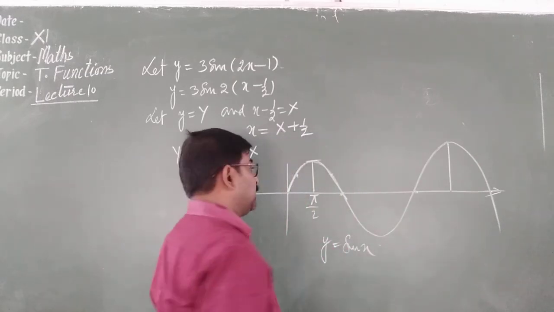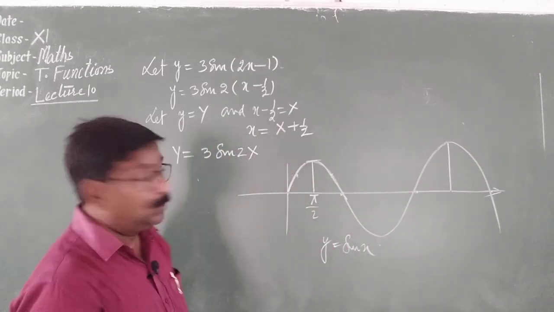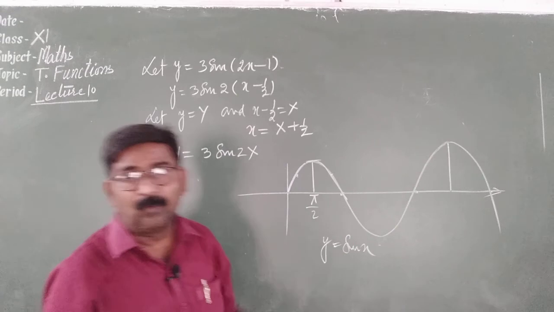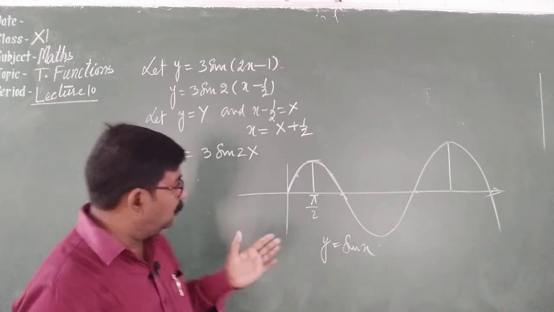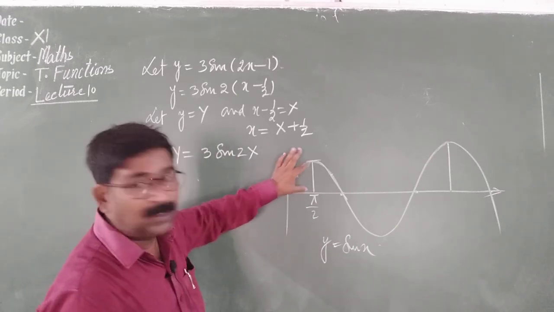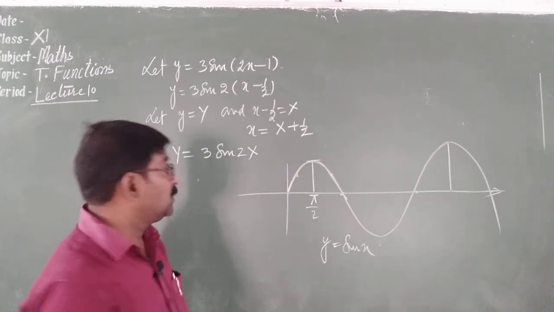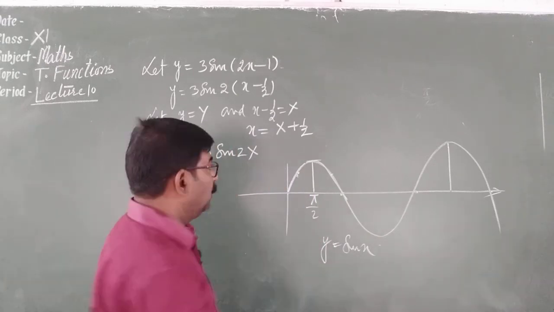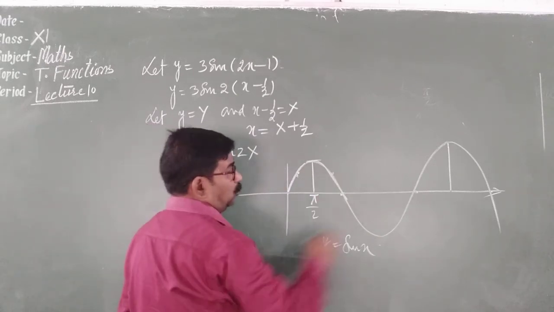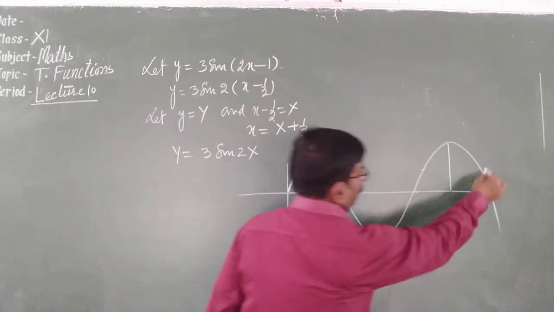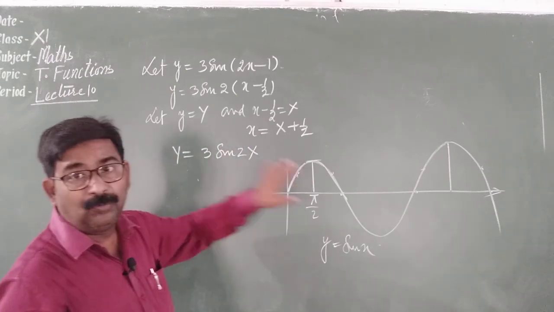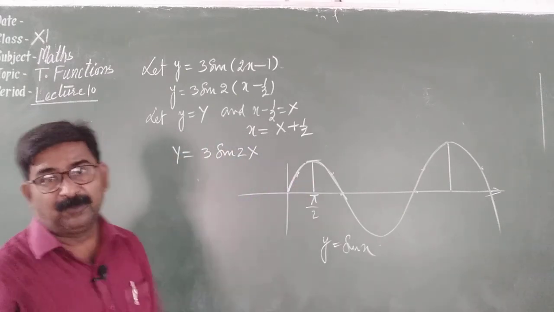Some other places we can have 1. So in many places in the domain we can have the value 1. The first value, when we get the value 1, that is the principal value. Suppose this is root 3 by 2. So root 3 by 2, here we can get root 3 by 2, here we can get root 3 by 2, here we can get root 3 by 2. So the first value obtained is the principal value.